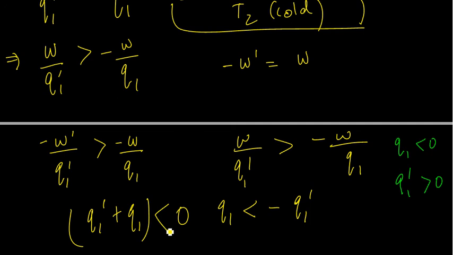Otherwise, I would have proved the opposite thing. So, Q1 prime plus Q1 is less than 0, which violates the second law, right? It just says that we are removing heat from the cold reservoir and pumping it into the hot reservoir without having to do any work, right?